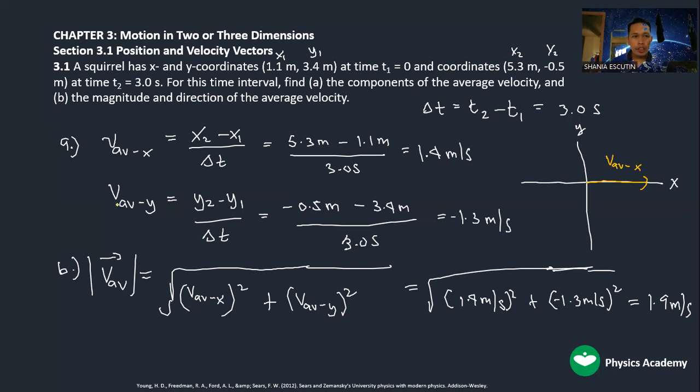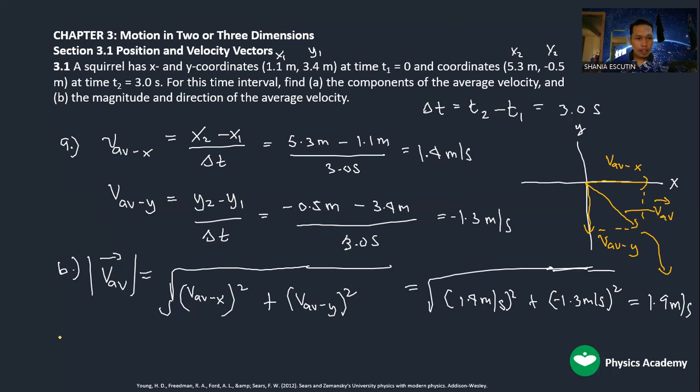However, your y component is negative. This is V average along y. So your vector is in quadrant 4. This is your V average vector. You know the components, but you don't know the direction yet.